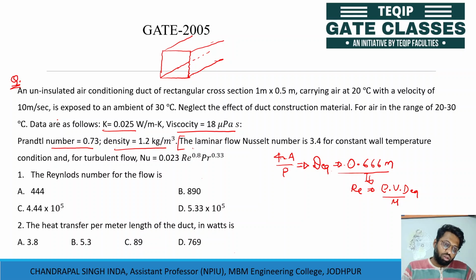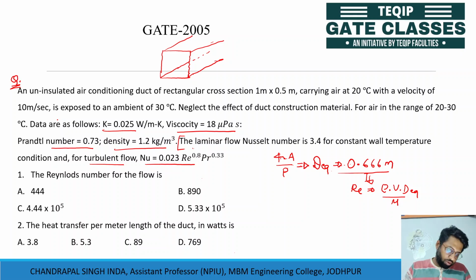So the condition is the constant wall temperature condition, with laminar and turbulent flow relations. First we have to find whether the flow is laminar or turbulent, so we have to find the Reynolds number. The Reynolds number is equal to rho v d upon mu.